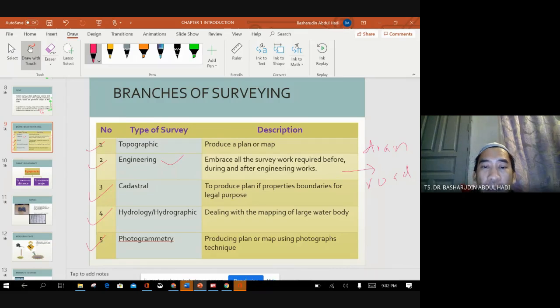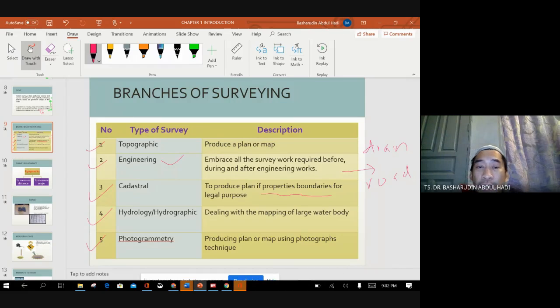So actually cadastral is to produce a plan of property boundaries for legal purposes. For example, you want to set up on one piece of land or two pieces of land a housing scheme. You want to develop it. And after the project, you maybe had a profit of around 10 millions.